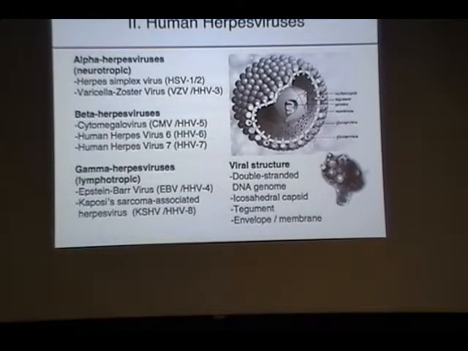And on the outside of these virus particles is the membrane, or the envelope, that is acquired from the cells. In between the virus particles and the membrane is something called the tegument.